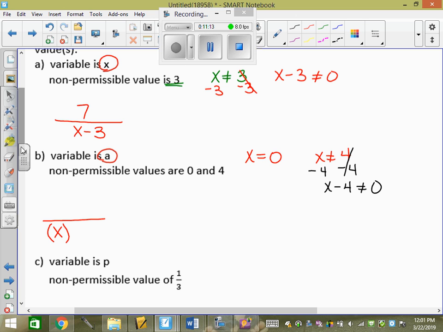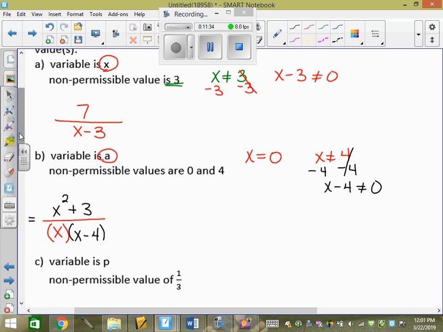So x minus 4 cannot equal 0. So I also have an x minus 4. And then I can have any type of polynomial on the top. x squared plus 3, it doesn't matter. You could have just a 7 up there. So it just depends on what format they want. I would just leave it like this because it's not asking me to. But if it said it has to be in a specific form where it was distributed, then you distribute it in.